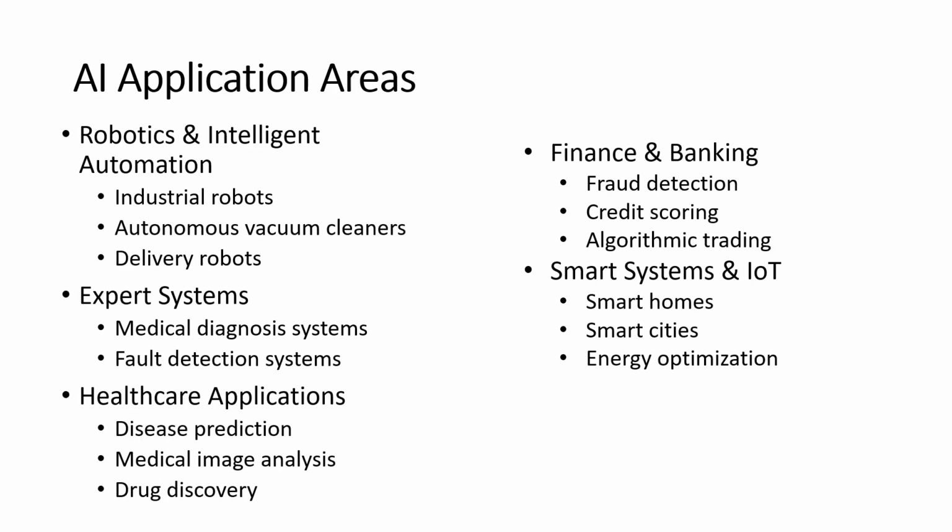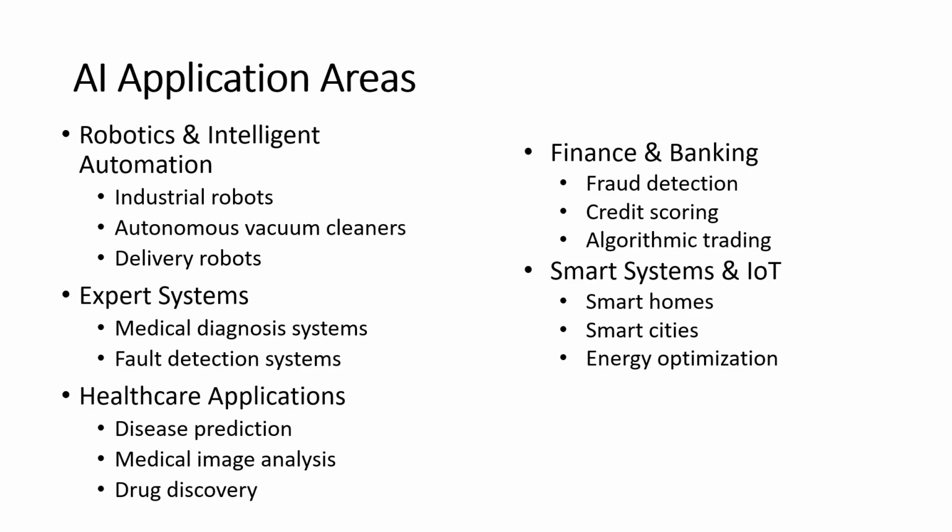Next application area is robotics and intelligent automation, which combines AI with physical machines. For example, industrial robots, autonomous vacuum cleaners, delivery robots, etc. Next is expert systems. Expert systems mimic human expert decision making. Examples: medical diagnosis systems, fraud detection systems, etc. Next application is healthcare.